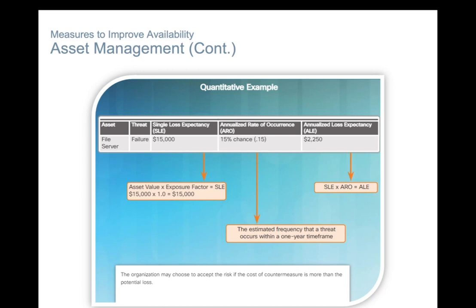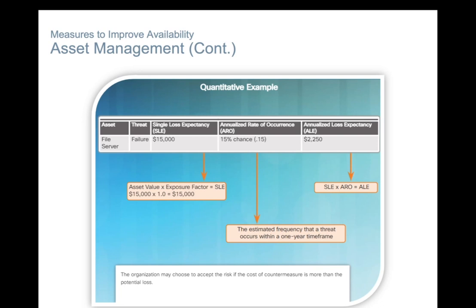The asset value of $15,000 multiplied by the exposure factor of 1 results in a single loss expectancy of $15,000. The annualized rate of occurrence, the ARO, is the probability that a loss will occur during the year, also expressed as a percentage.